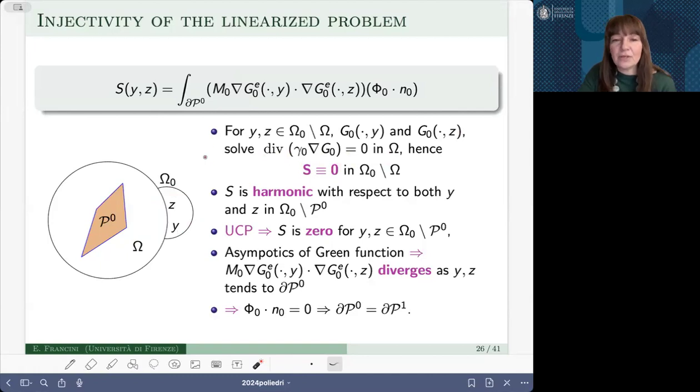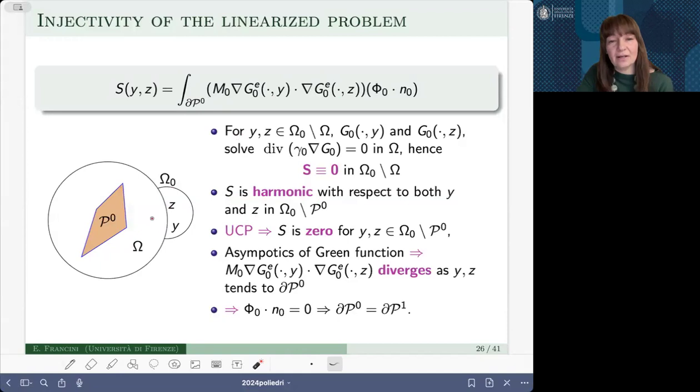But also you can easily see that this function is harmonic with respect to both y and z, because since we are dealing with the Green's function, then they are solutions of the harmonic equation with respect to y and z. Here we say that it's harmonic because we are taking an easy conductivity equation, so our coefficient is 1 here.